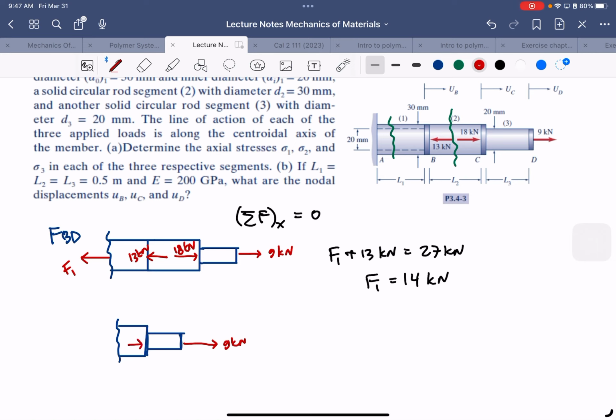This is 18. And of course we know that from that point of view, this F2 is 18 plus 9, 27 kilonewton.